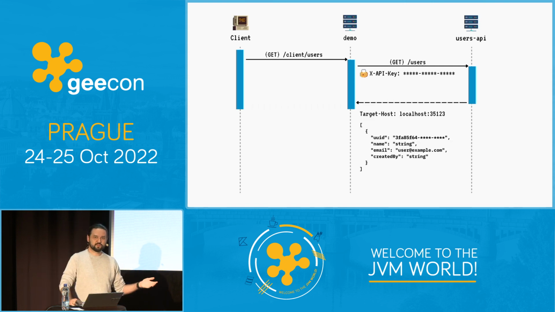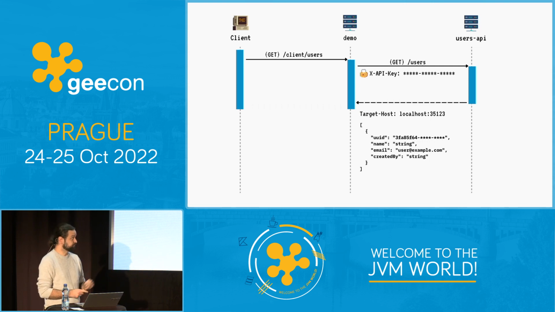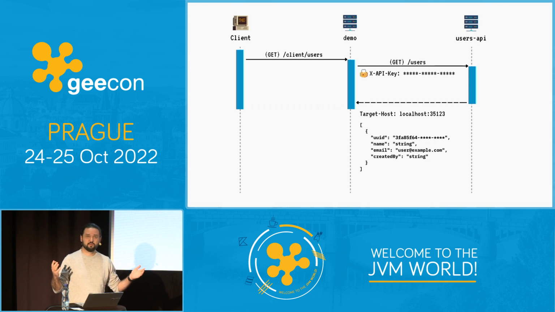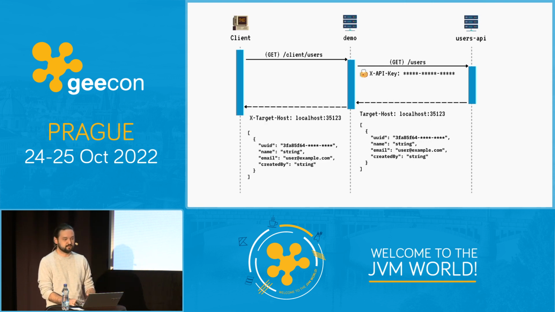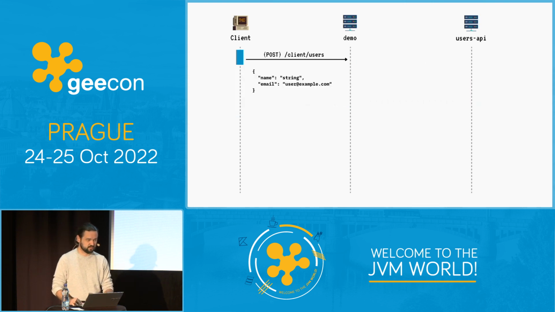What we will get in response from that users API is, first of all, a response header, the target host, and a small JSON array containing objects with only four fields: UUID, name, email, and created by. We're just going to pass this body through to our client, and we are also going to rewrite the response header.